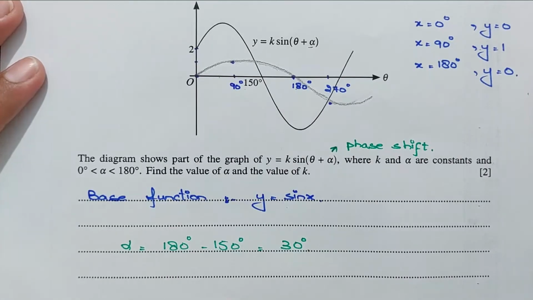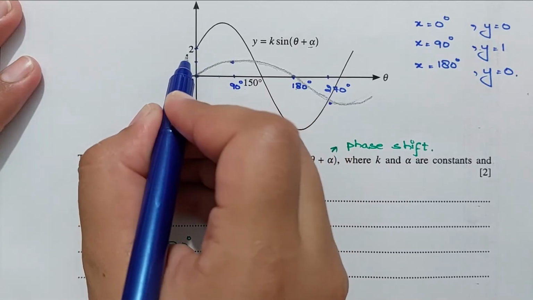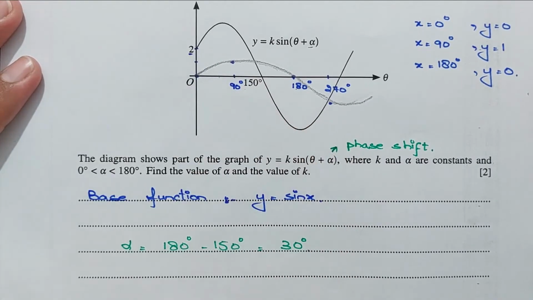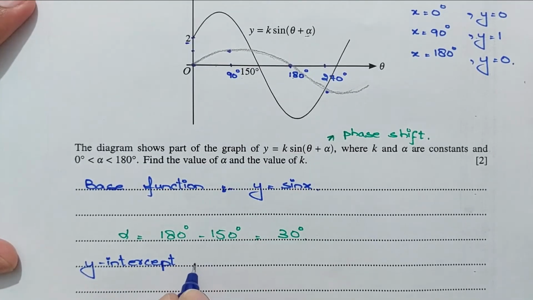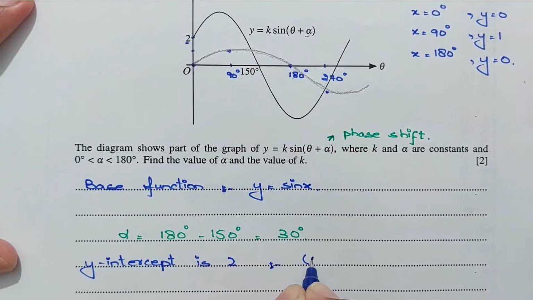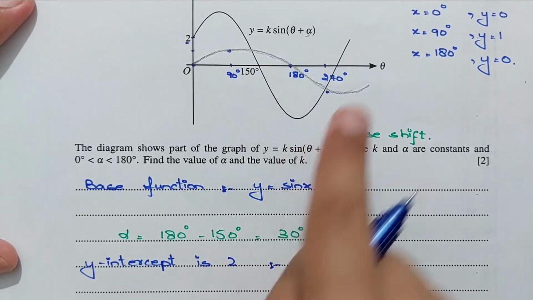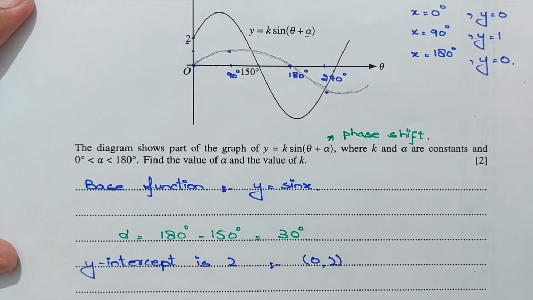Now moving to the value of k. To get the value of k, let me use the information that the y-intercept is 2. The y-intercept is the point (0, 2): x is 0, meaning theta is 0, and y equals 2.